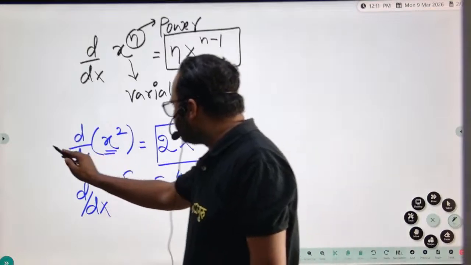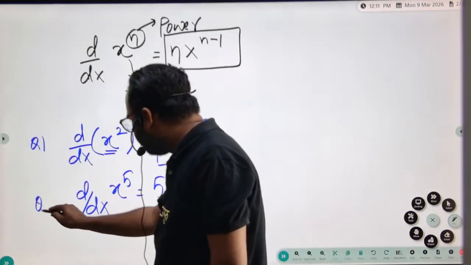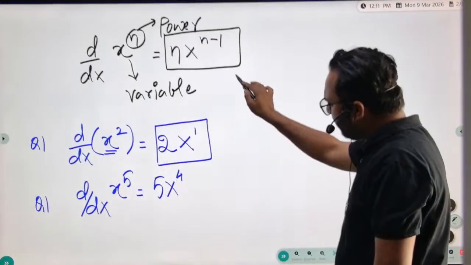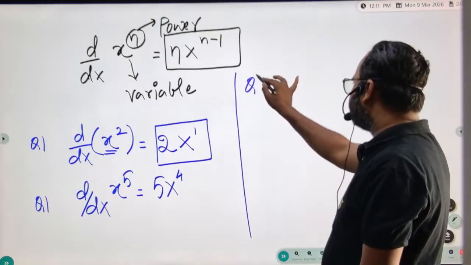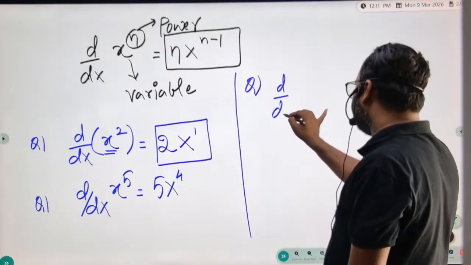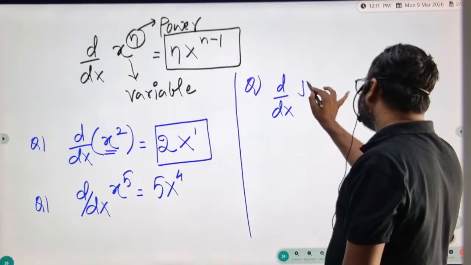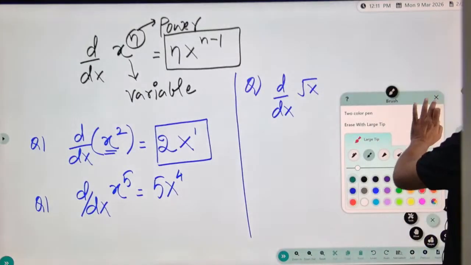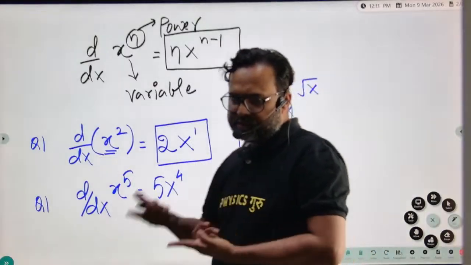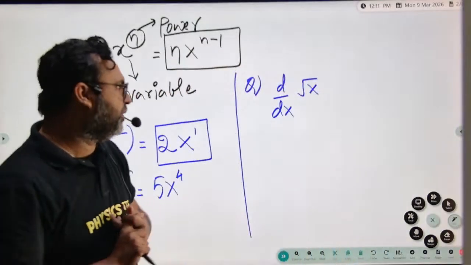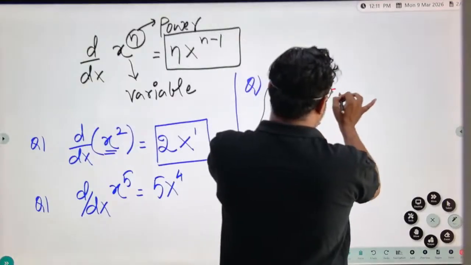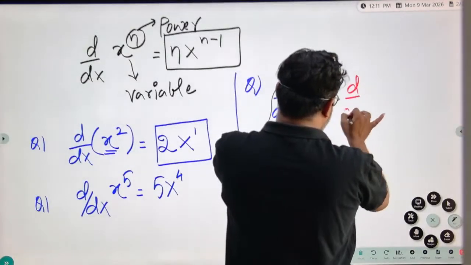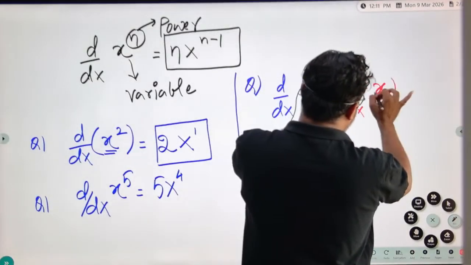Next, so this is the first one, this is the second one. Now try to simplify this one. If I ask you to find the value of d by dx of root x, the way to approach root x is to write x raised to the power of half.